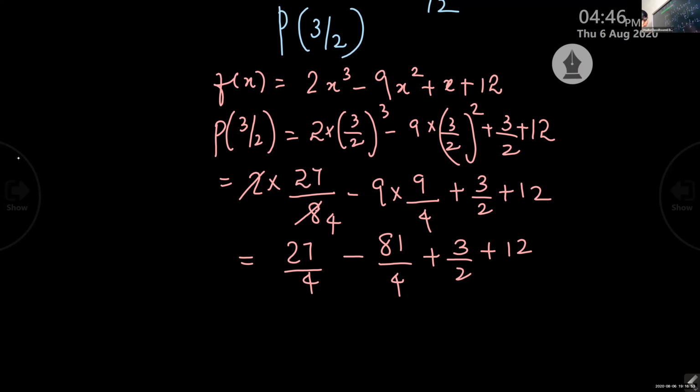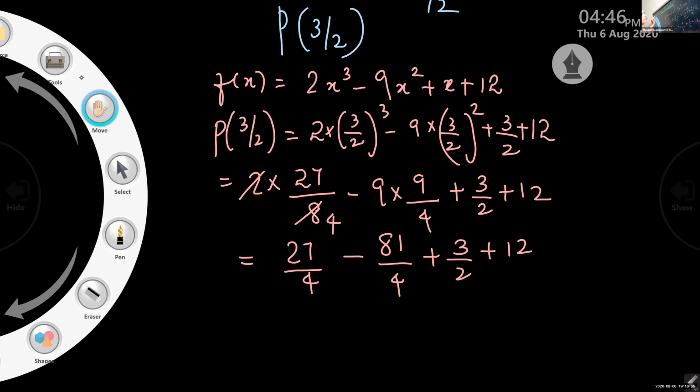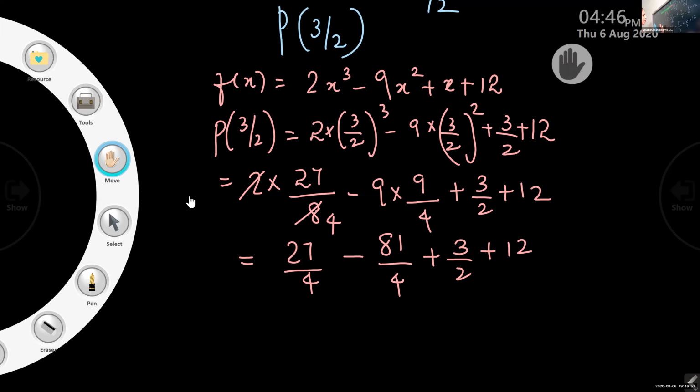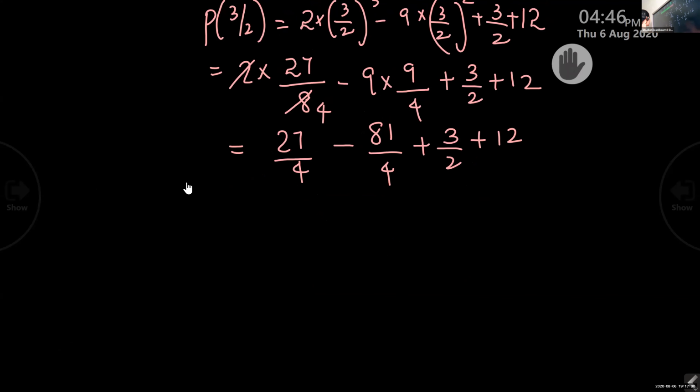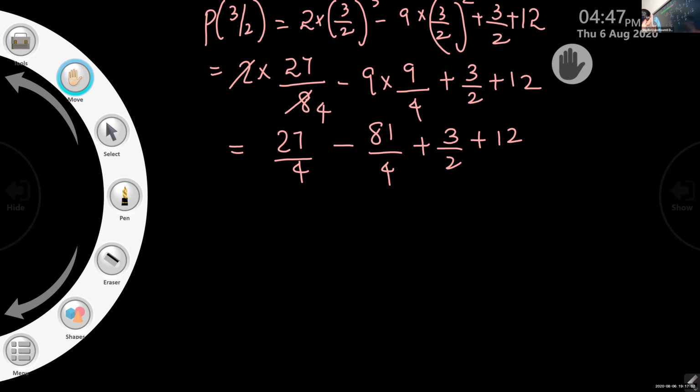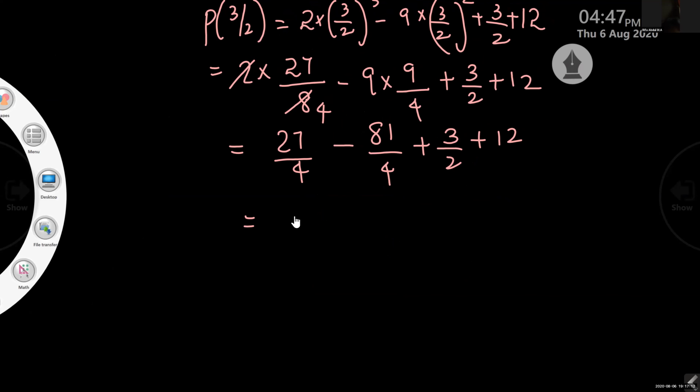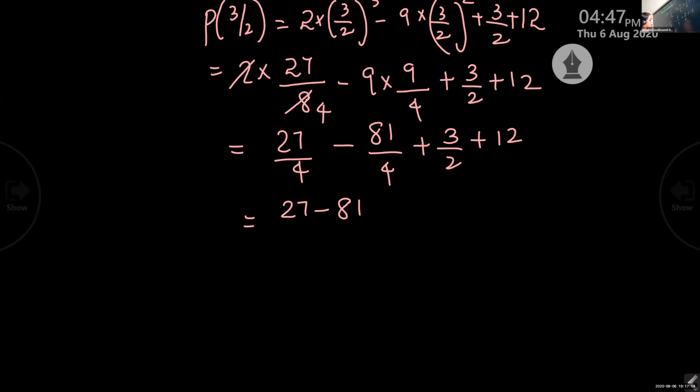Now, 27 by 4 and 81 by 4 you can subtract. 27 minus 81 by 4 together you can write because it is like fractions. What is 27 minus 81?